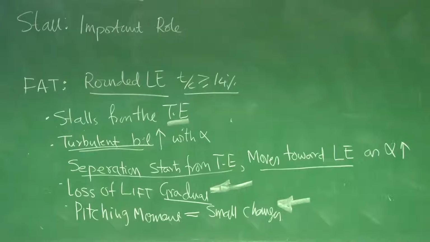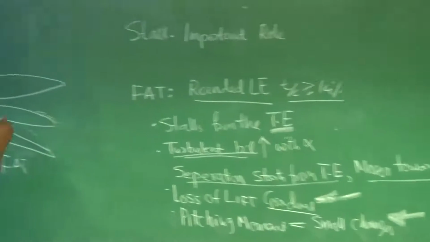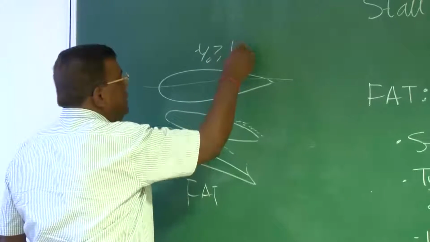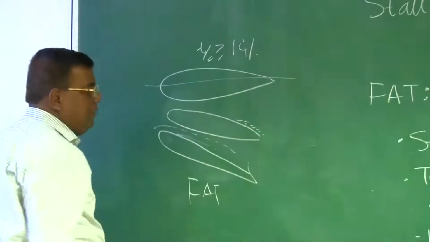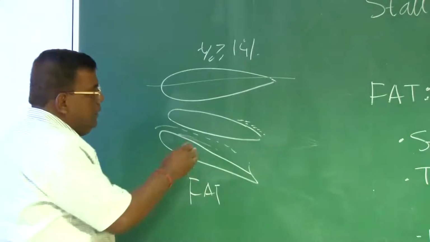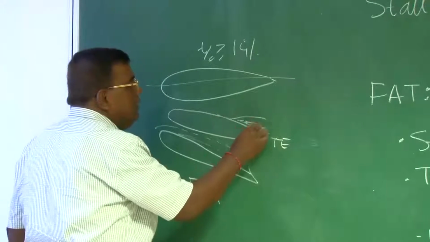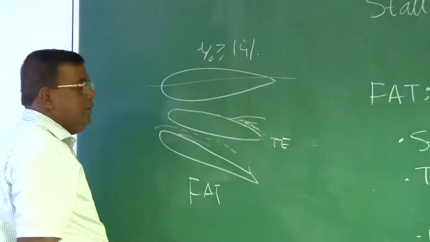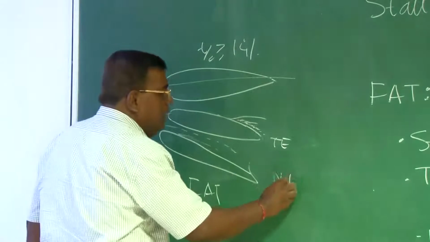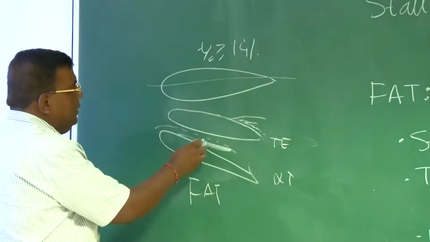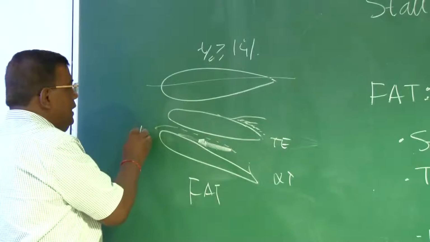If I try to draw this, if this is an aerofoil where T by C is greater than 14%, it stalls from the trailing edge. So separation starts from the trailing edge. As I increase angle of attack, this separation moves towards the leading edge.